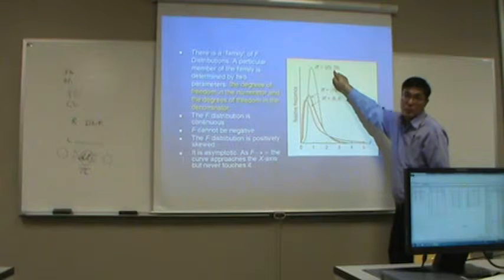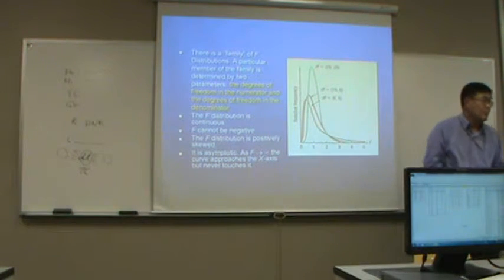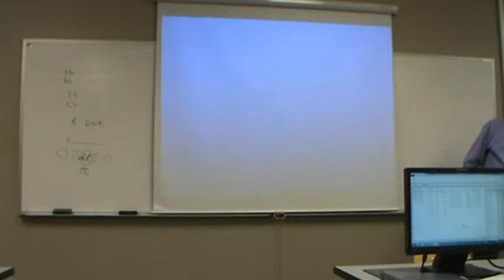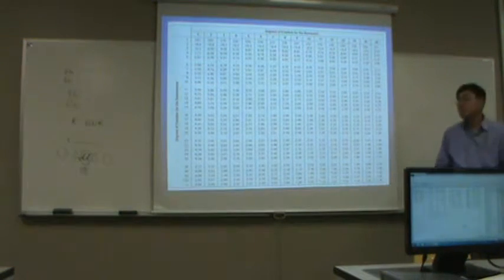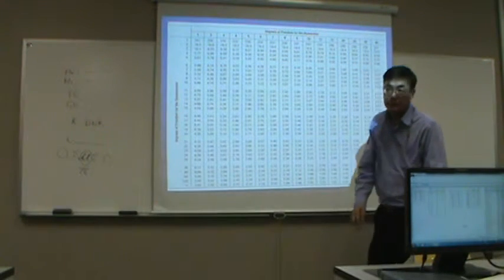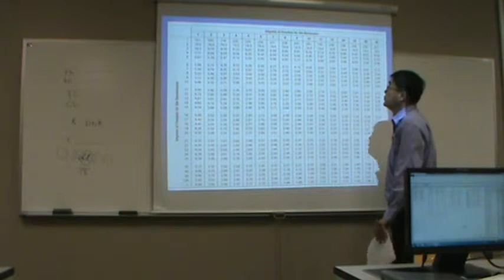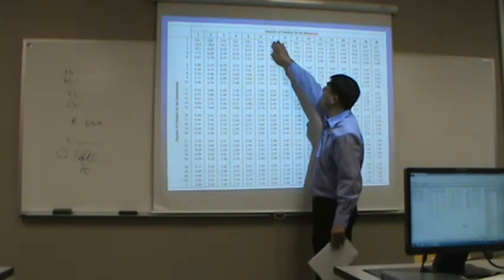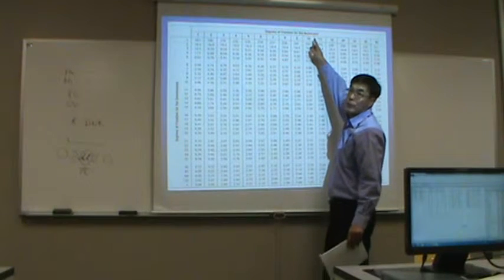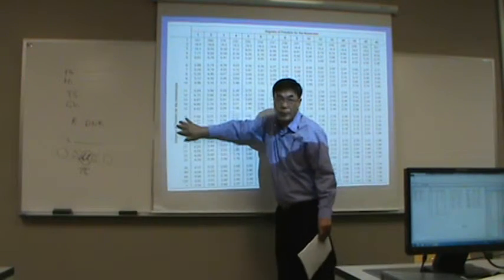The second one is df2, or denominator. This is the F distribution table. On top, degrees of freedom for the numerator df1, and df2 down the side.